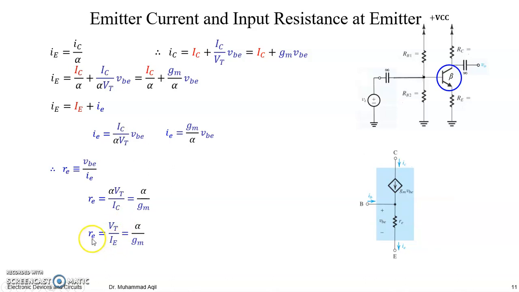For the case of base resistance, we had r pi equal to VT by IB. So this resistance is still in between base and emitter, about which VBE is developing, but because you are looking into the emitter, you would have a resistor for this model of the transistor.